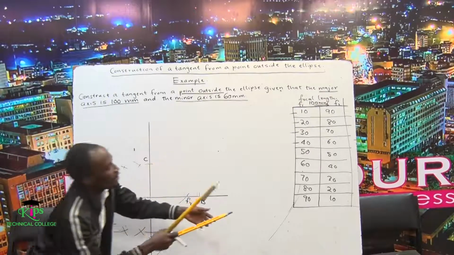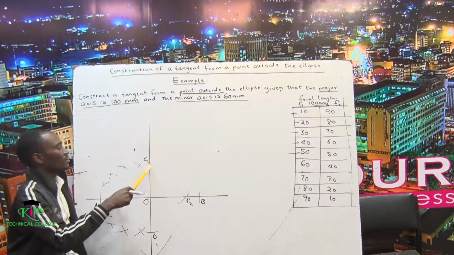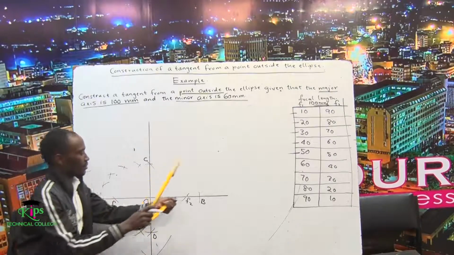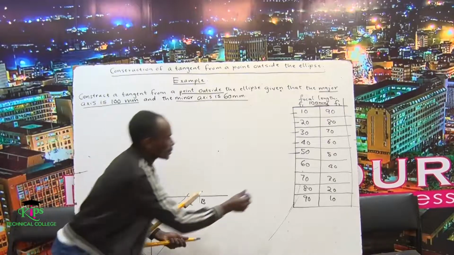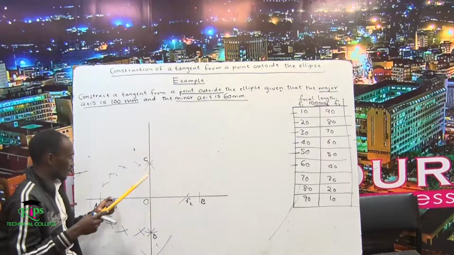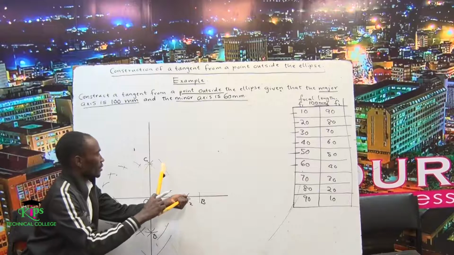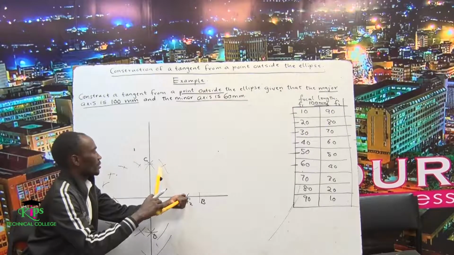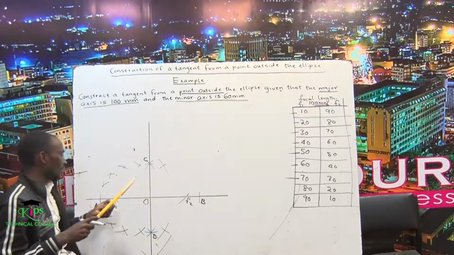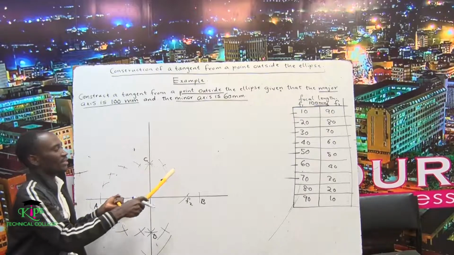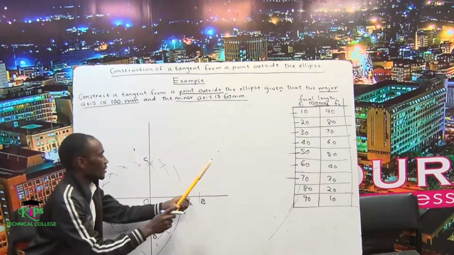Then 50, F1 50. Then 60 by 40, then 70 by 30: 70 at F1, 70 millimeters, 30 at F2.